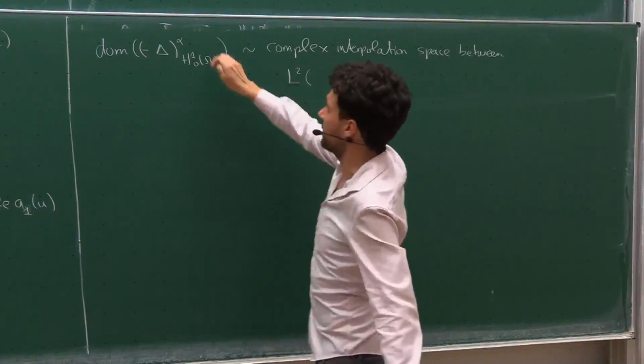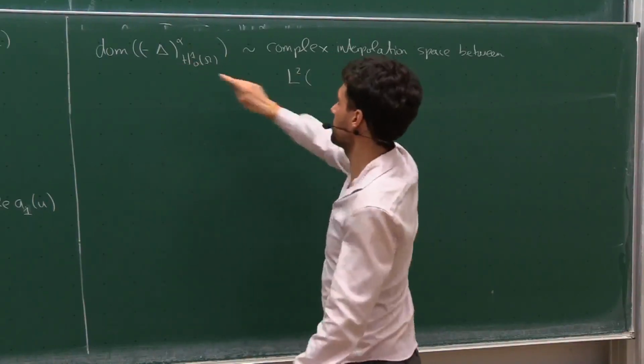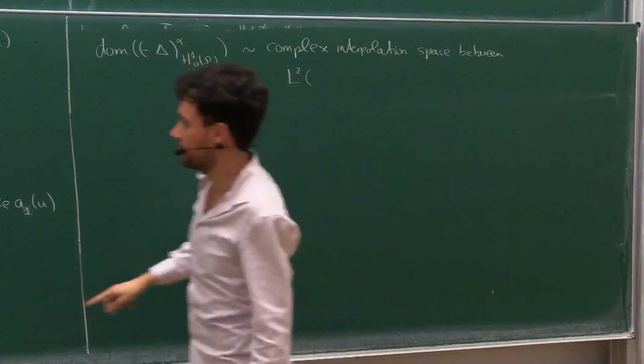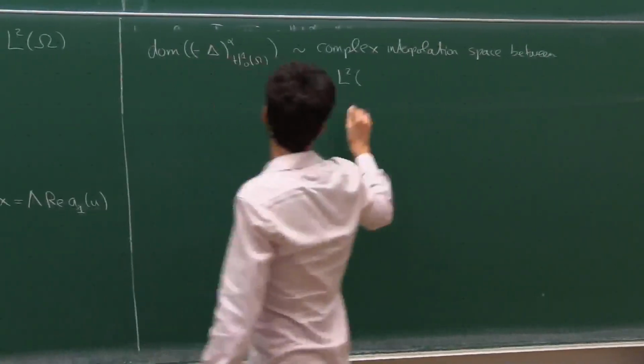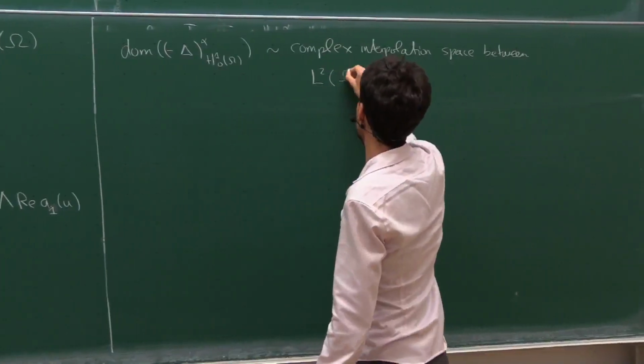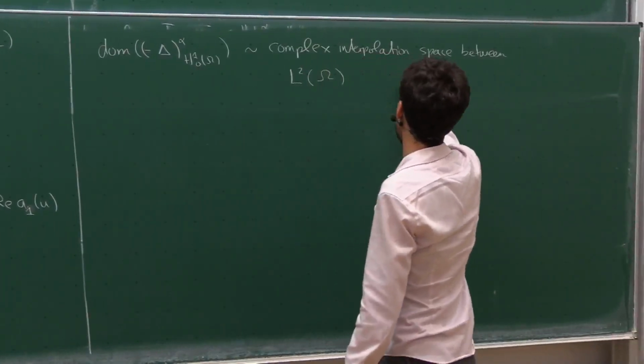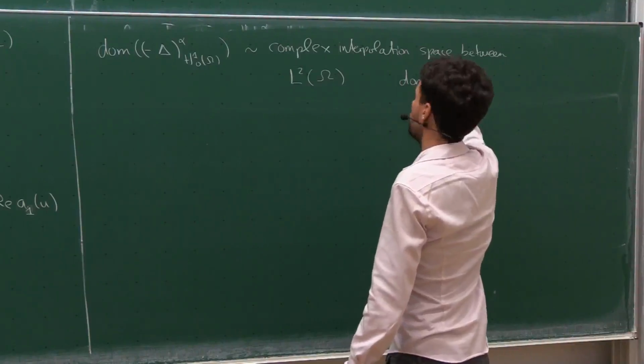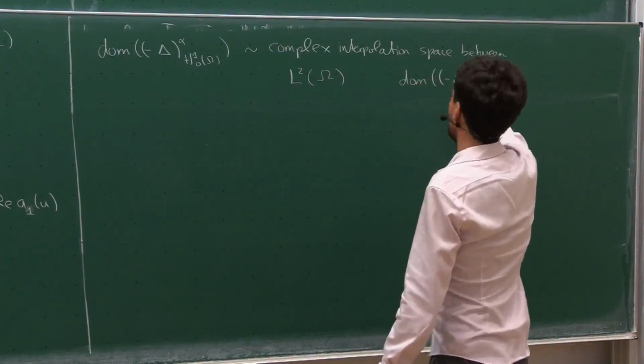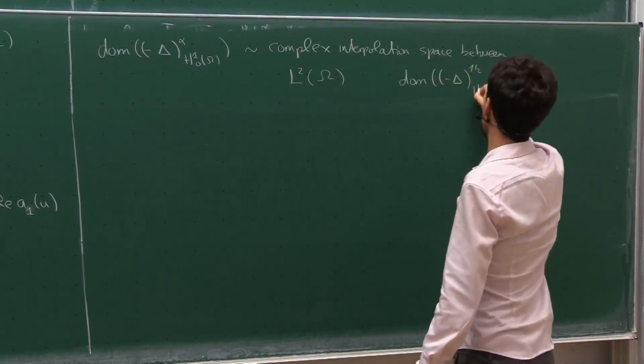The idea is that, because alpha is between 0 and a half, this domain is somewhere sitting between the ground space and the domain of the square root.